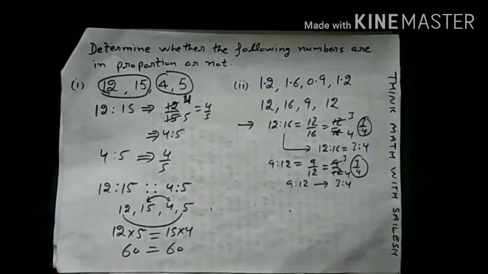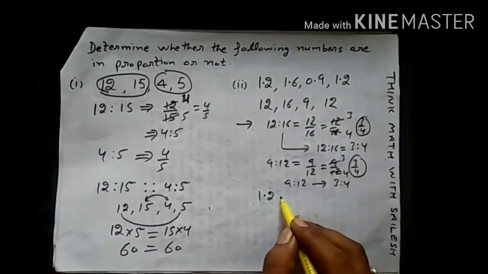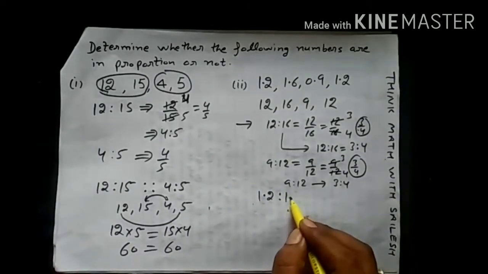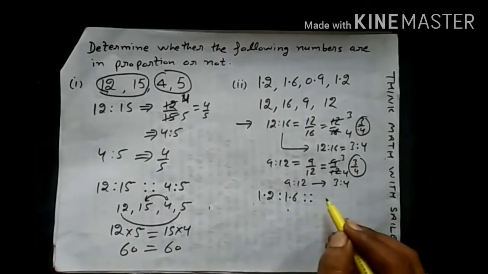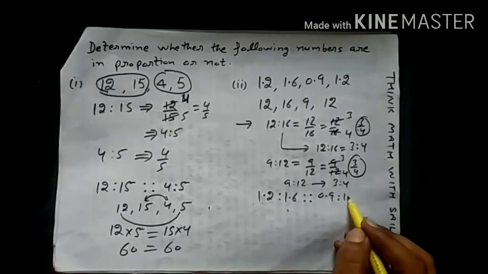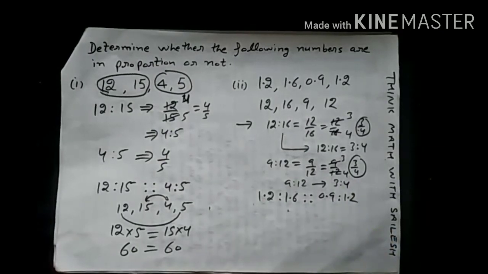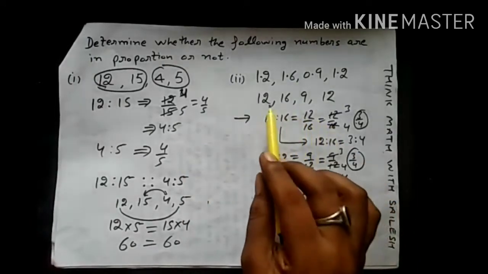So we have seen that the ratio of the first two numbers and the last two numbers is same. That's why I can say that 1.2 ratio 1.6 is in proportion to 0.9 ratio 1.2.